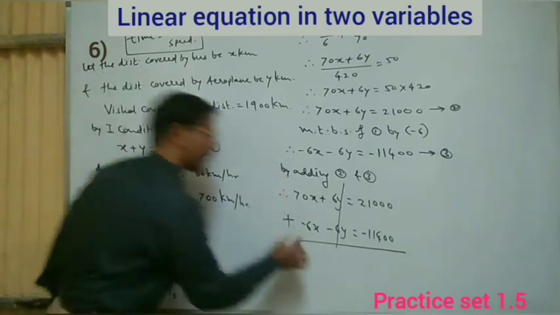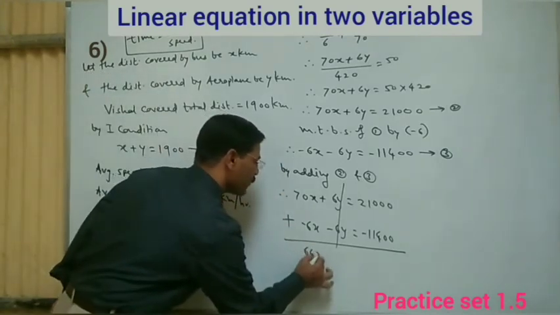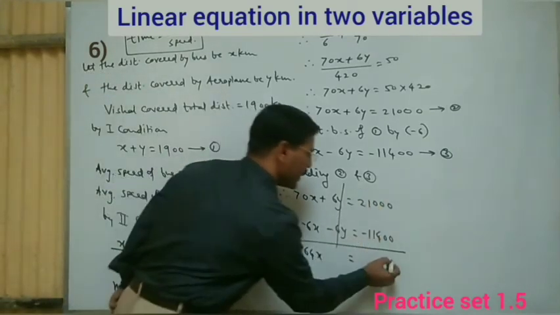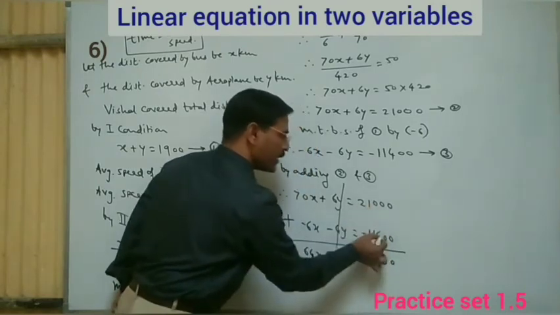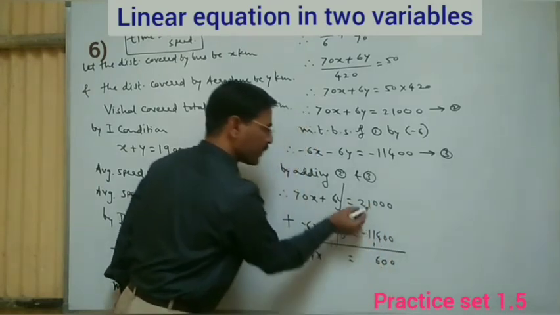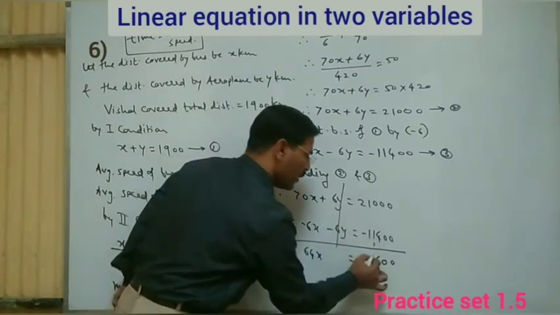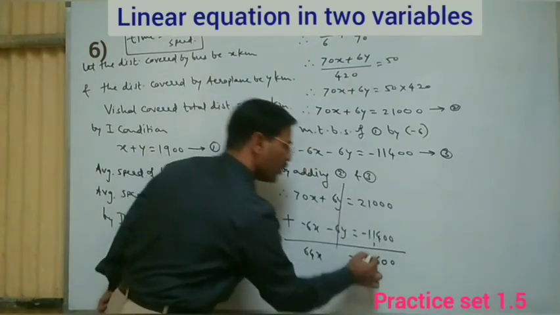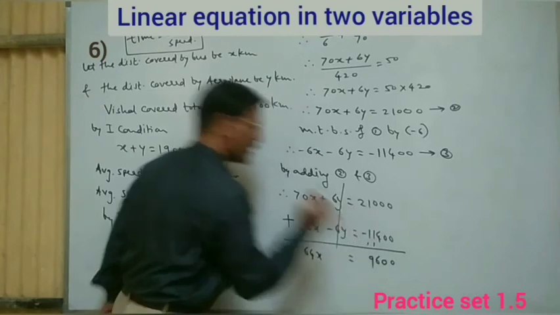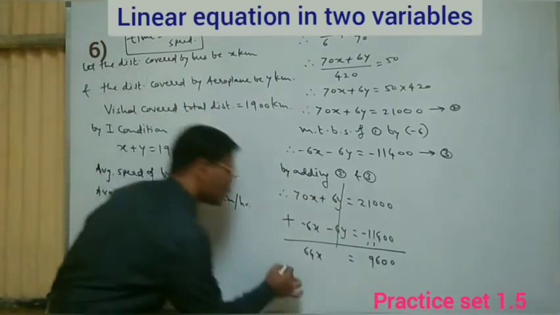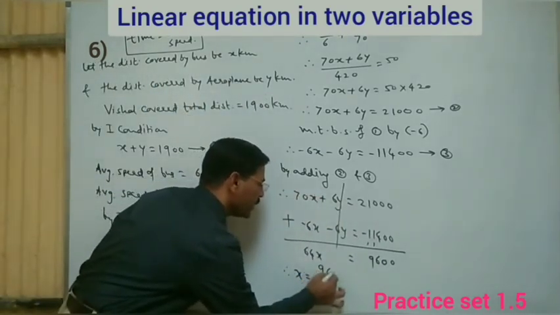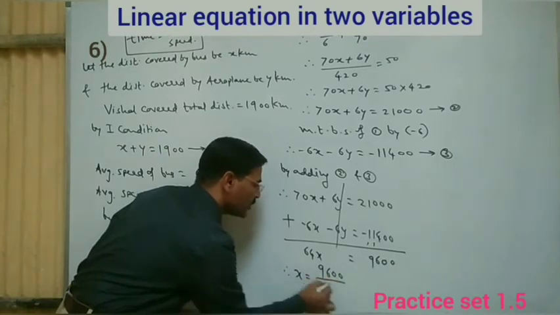Here it is, tell me how much? 64x. That side, see here, 0, 0. 10 minus 4, 6, carry 1. So 11 minus 2, 9, carry 1. It is 9600. So x equal to 9600 upon 64.